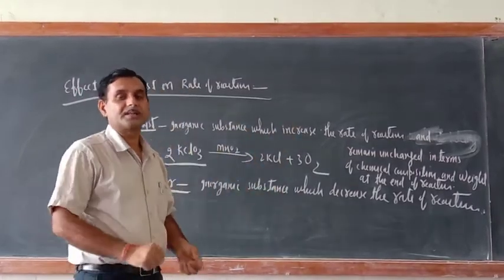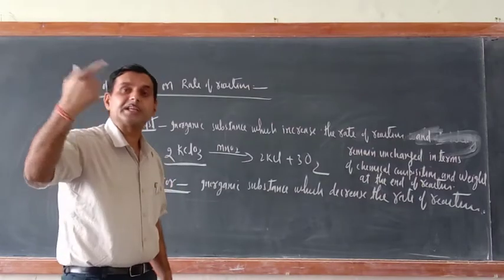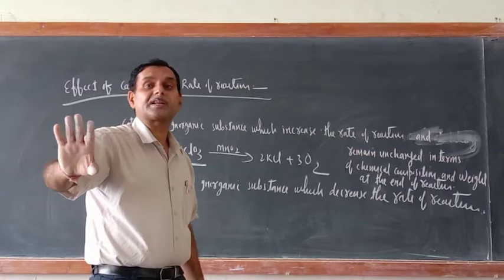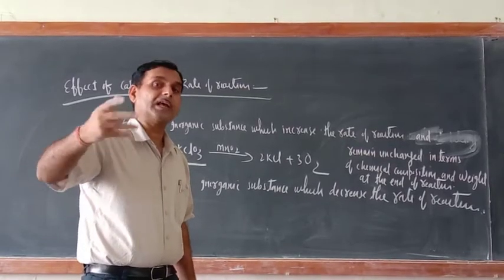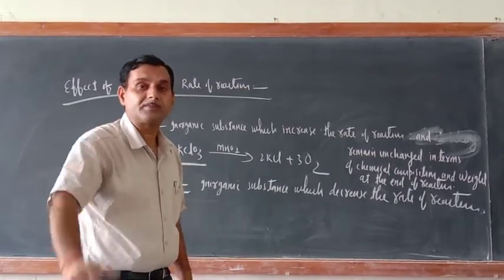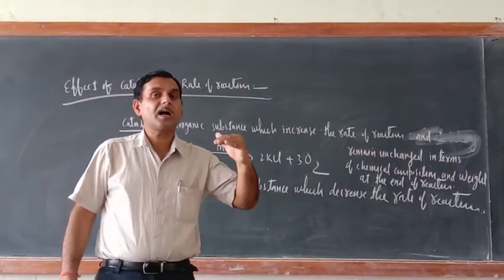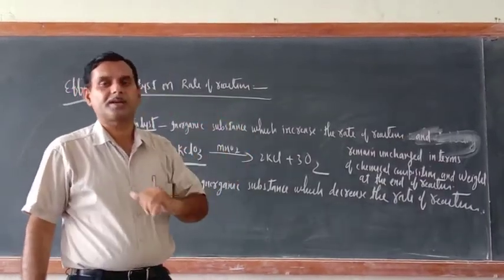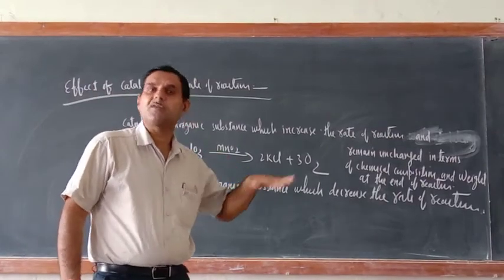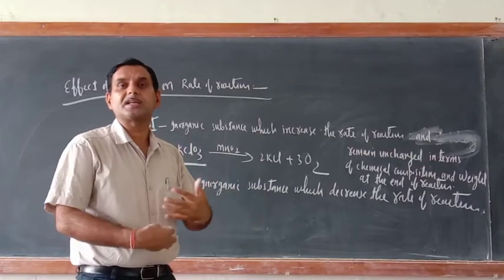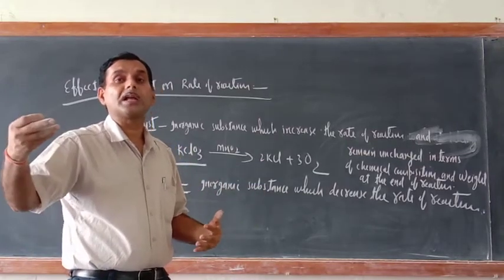Catalyst only increases the rate of reaction, but it will not affect the equilibrium. It only helps in the fast attainment of the equilibrium. The question arises here, why does a catalyst not affect the equilibrium state? Because they increase the forward as well as backward direction reaction both simultaneously and with equal ease.